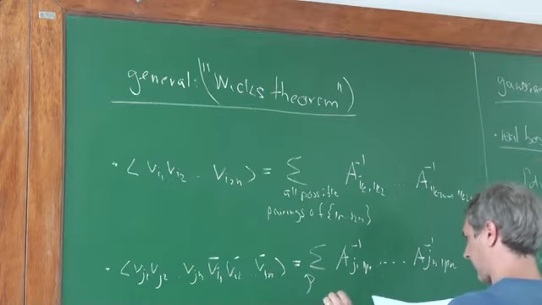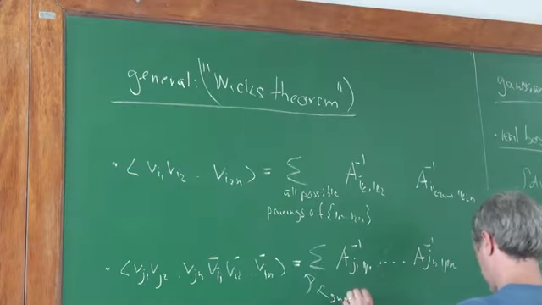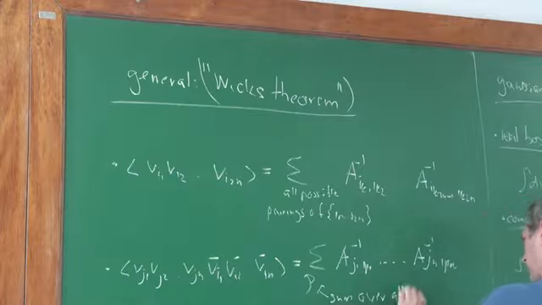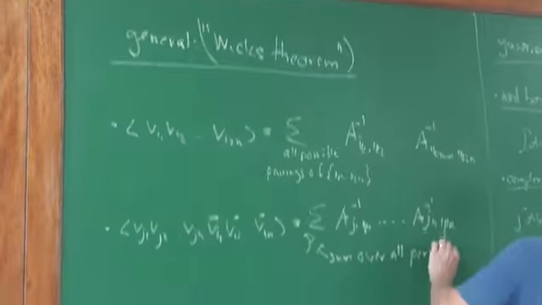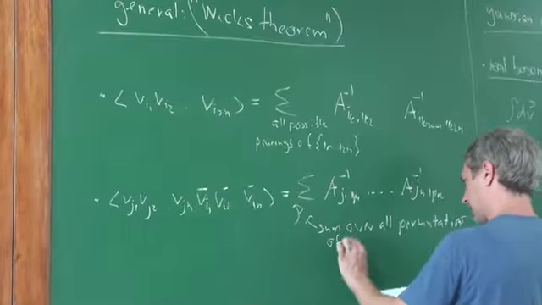And here is the sum over all permutations of n integers.